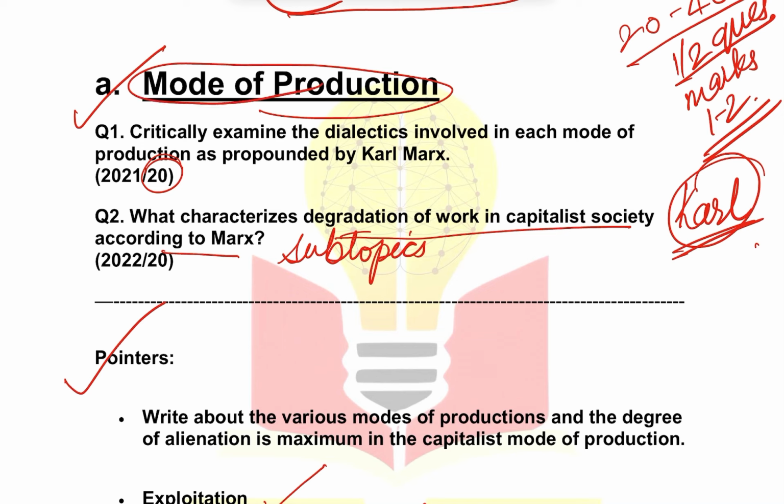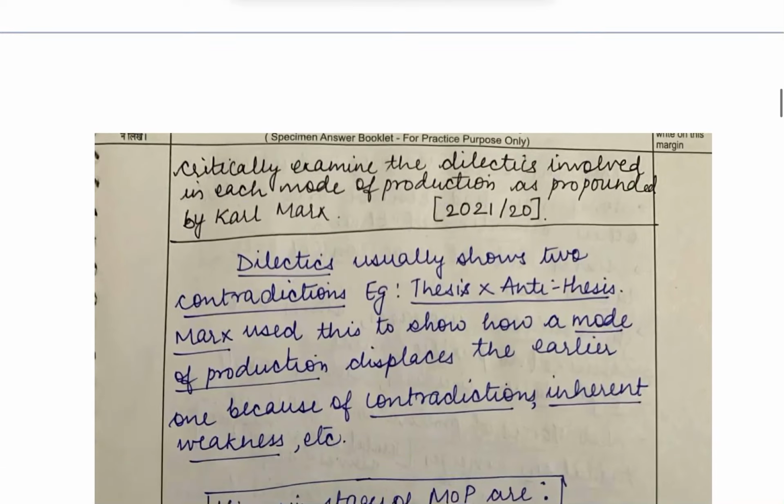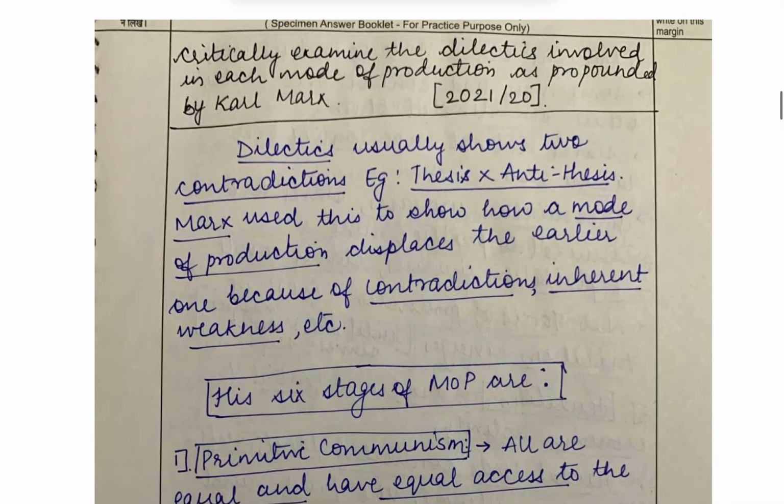And I believe ये क्वेश्चन डिस्कस करने के बाद आपको मोड ऑफ प्रोडक्शन प्रिपेयर करने की ज़रूरत ही नहीं है, because यहाँ से आपका सारा चीज़ प्रिपेयर हो जाए. So coming back to the question, critically examine the dialectics involved in each mode of production as propounded by Karl Marx. So हम understand करेंगे demand of the question. First of all, मैं यहाँ पे dialectics की definition लिख दूँगी. That is, dialectic usually shows 2 contradictions. Example, thesis, antithesis.